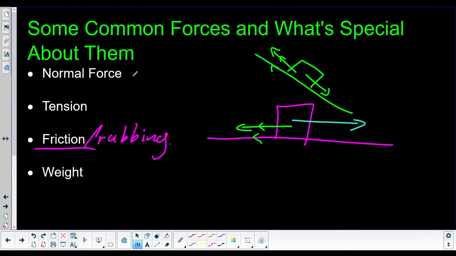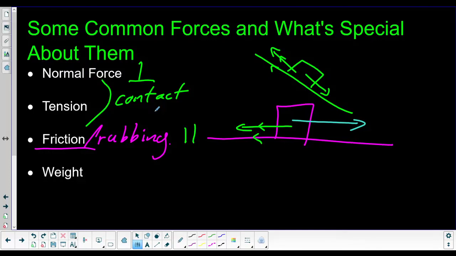So normal forces are perpendicular, frictions are parallel. Technically, they're both contact forces because normal forces are solid things pushing on each other. Friction is also solid things rubbing on each other. So some people group normal force and friction together as a single contact force, but it depends on who's teaching it, right?